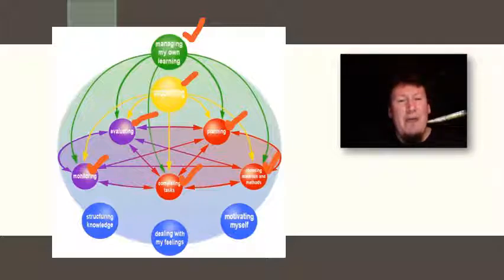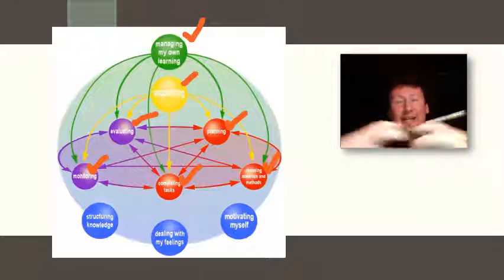Notice how the arrows go back and forth. When you're choosing materials, you're also evaluating, monitoring, and completing a task, because this in itself is a task, and you're also planning. Notice how all of these work together in synergy, back and forth, back and forth.